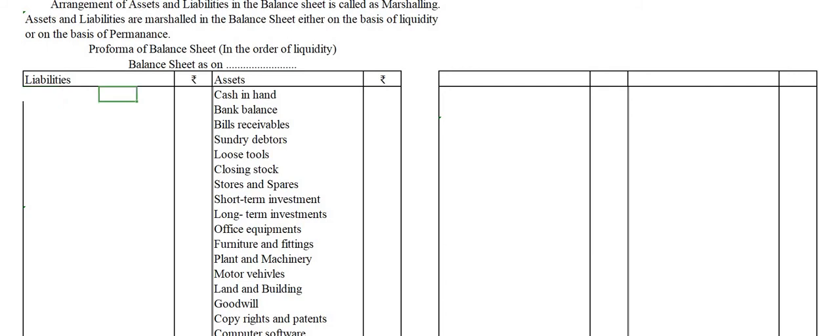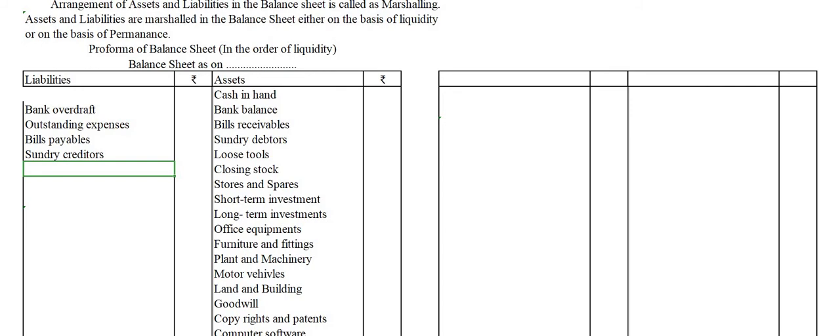And on the liability side, we can write the first item, bank overdraft, then outstanding expenses, then creditors. Before creditors we can write bills payable, then sundry creditors, then after that loans, and at last capital we will write.